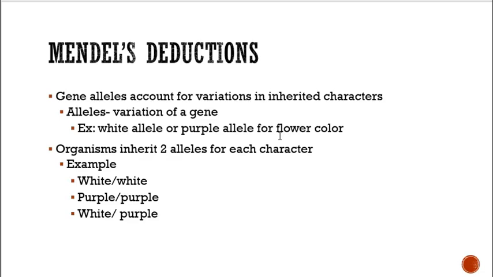So for instance, we said we're going to look at the character of flower color, and we've been looking at white flowers and purple flowers. Those are the alleles. So there's a white allele and there's a purple allele. It means that the gene for flower color has a different way of coding the information, right?